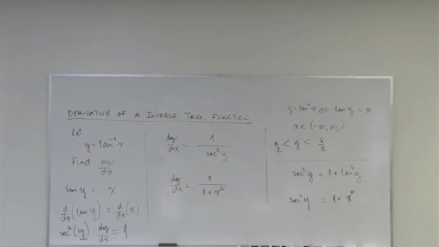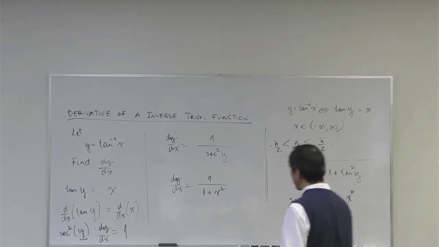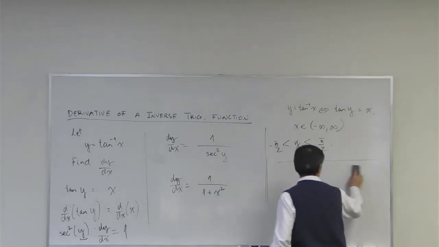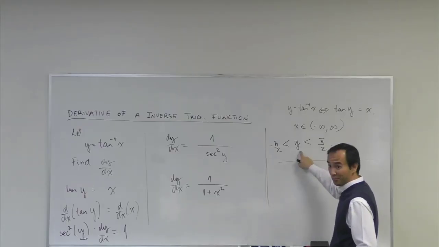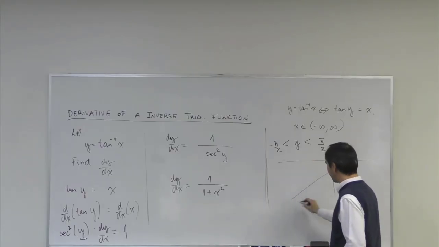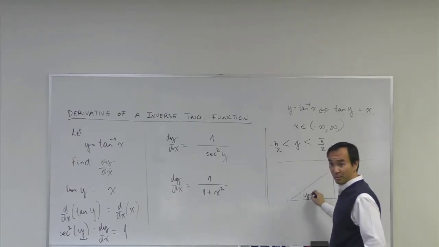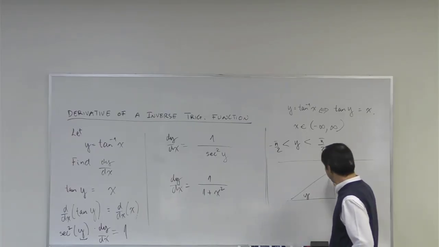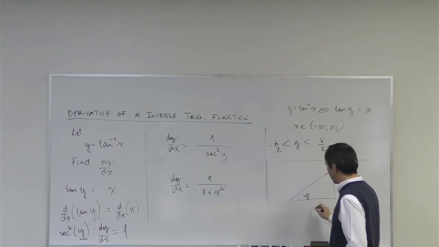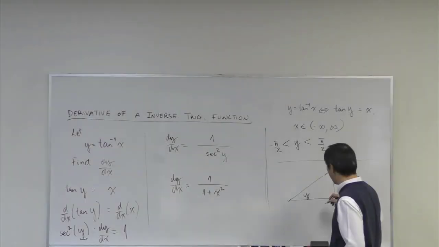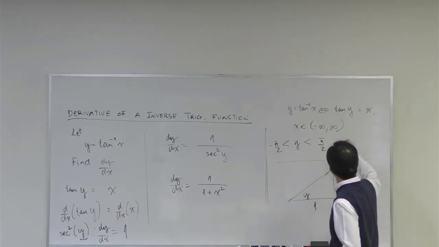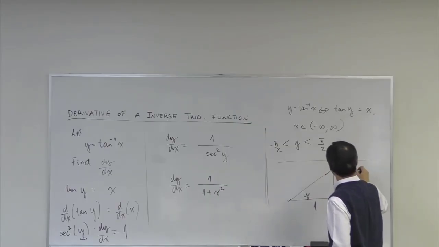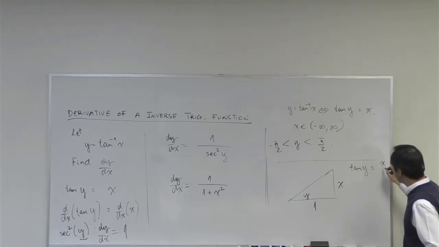And then again, I've been giving two different interpretations of that, so using the identity is one way. You can once again remember y is an angle, so you can use a right triangle. Put the angle y somewhere. With this triangle, think about it. Tangent of y is opposite over adjacent, and tangent of y equals x means you can purposely put that over 1.